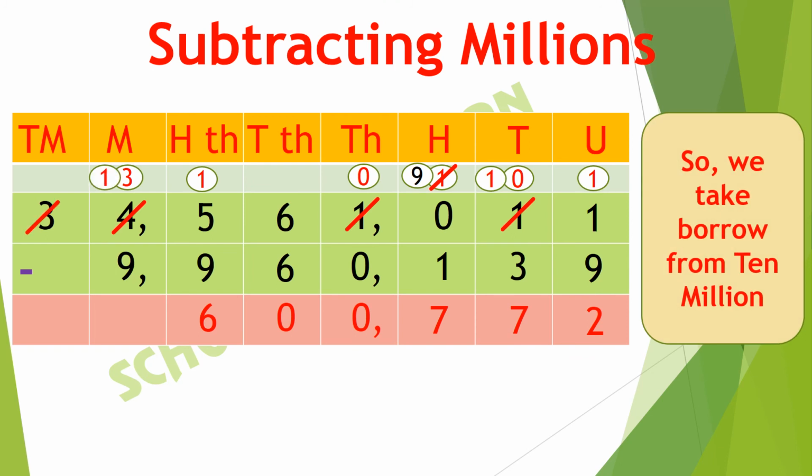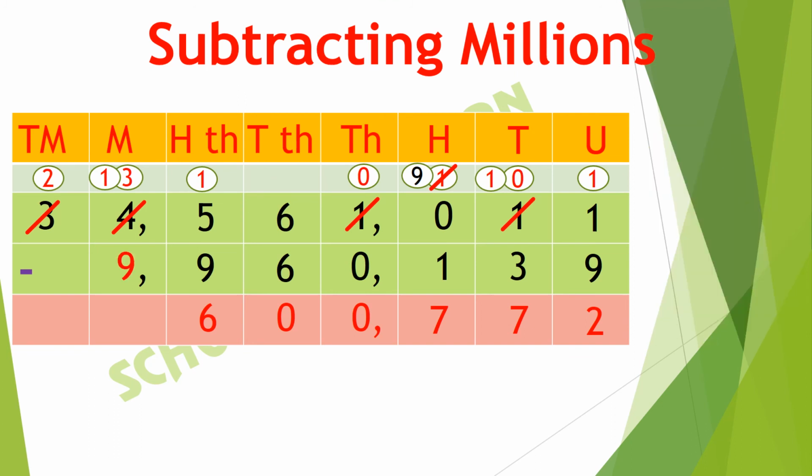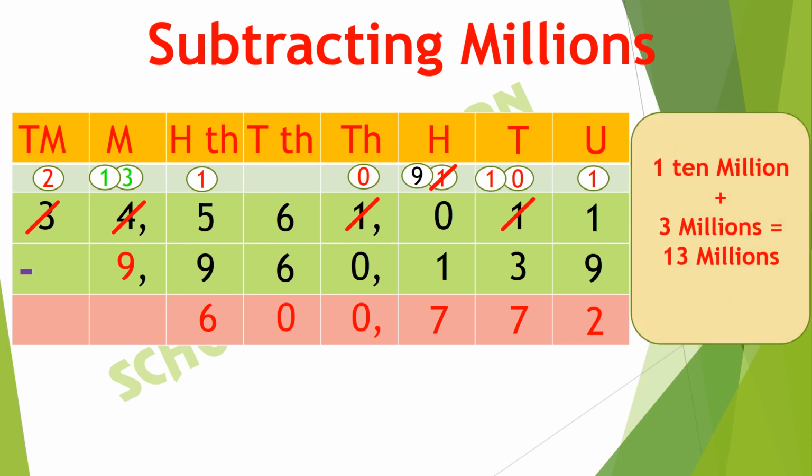Here we have 13 millions now. And here we are left with 2 ten-millions. Out of 13 millions we have to subtract 9 millions. 1 ten million and 3 millions makes 13 millions. Now we have to subtract 9 millions from 13 millions.